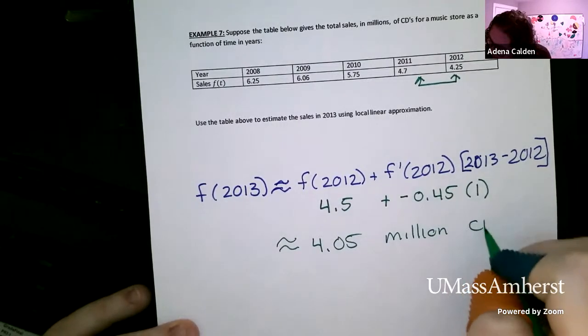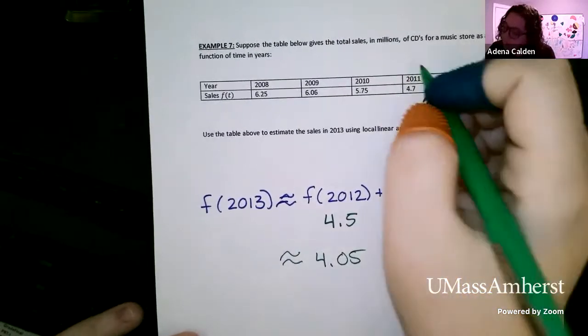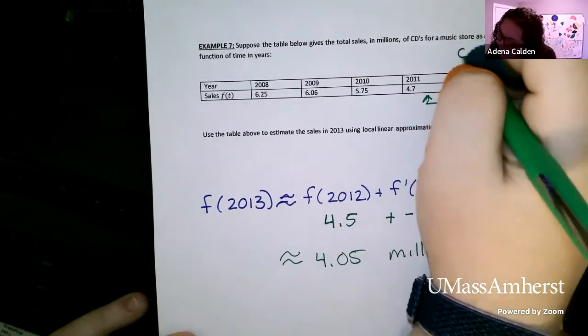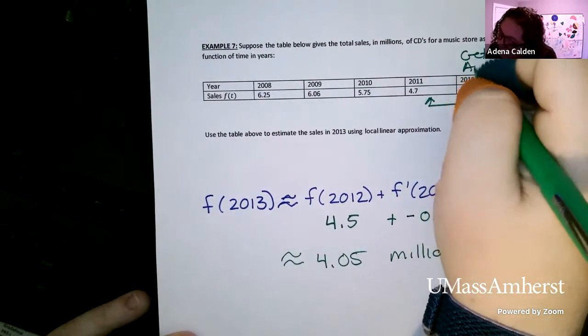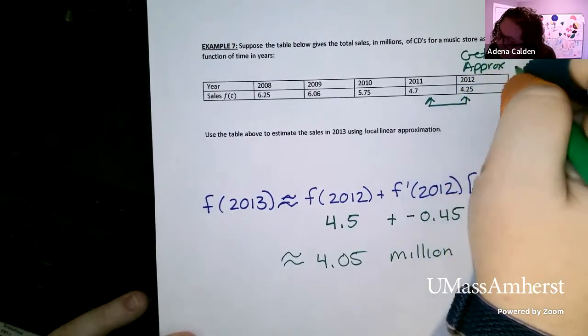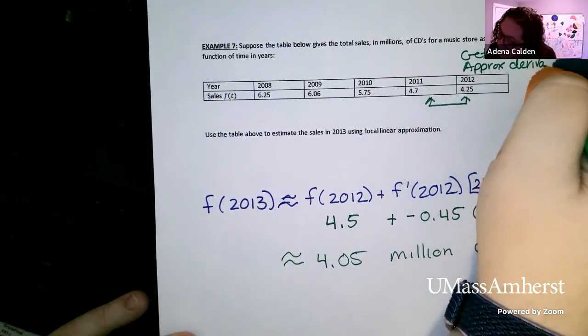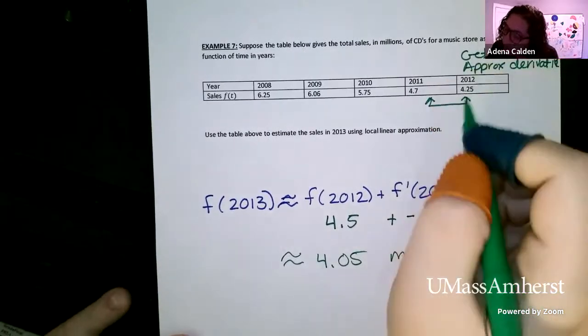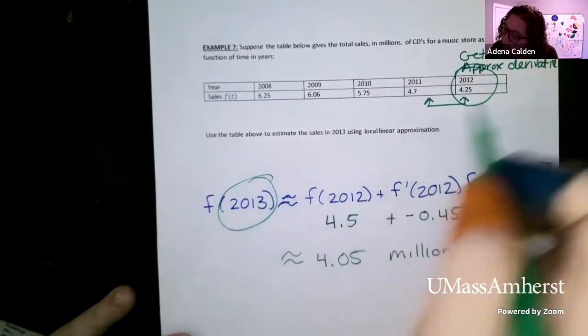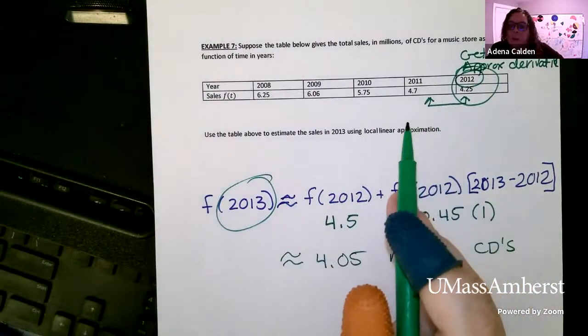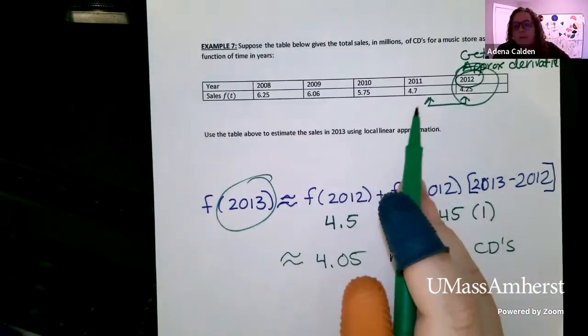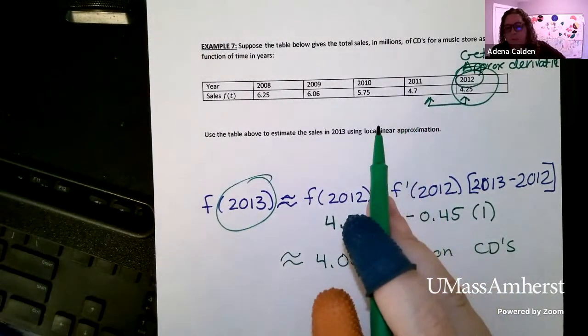So what's the process here? So we're going to get the value and then approximate the derivative. So if you have a table, you want to use the point closest to the point that you have, and then you can approximate as long as you have the skill of approximating the derivative, which we've learned before.